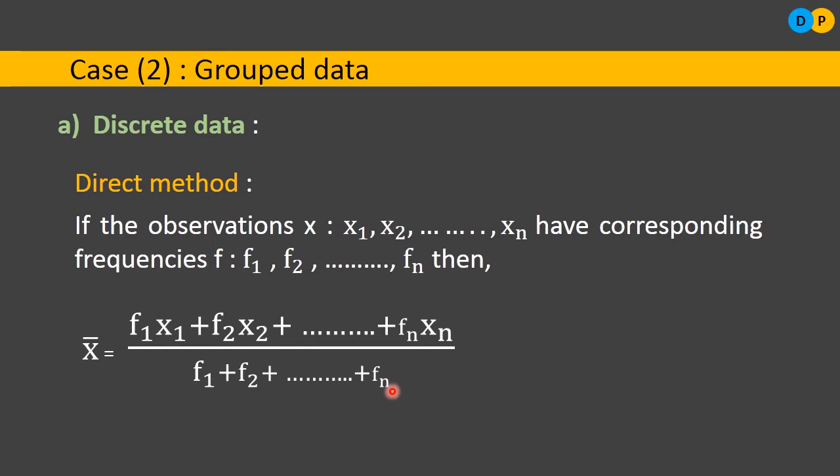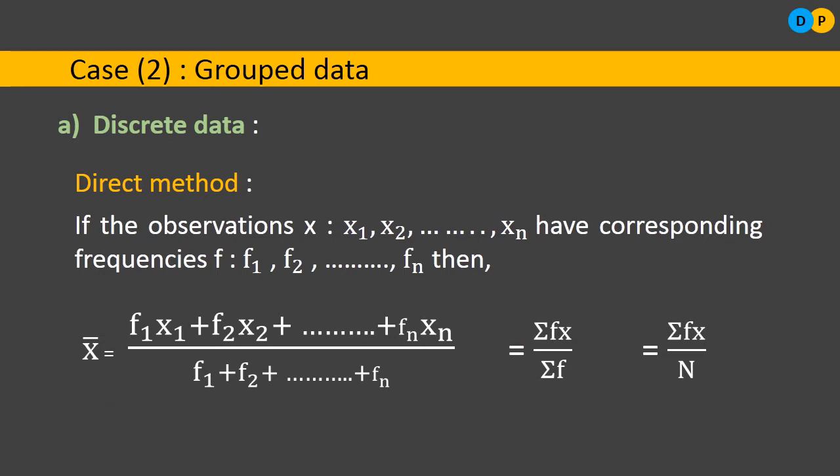If you simplify this formula, x bar will be equal to summation fx by summation f. But what is summation f? Summation f is nothing but capital N, the total frequency. So the sum of all these frequencies is termed as capital N. So this is the direct formula.